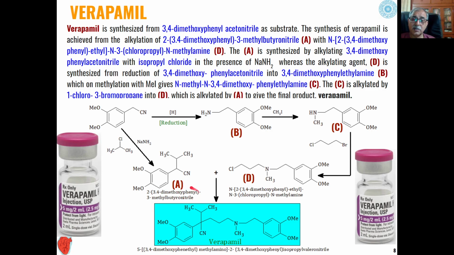Then this butyronitrile will react with this N-(3,4-dimethoxyphenyl ethyl)-3-chloropropyl methylamine.